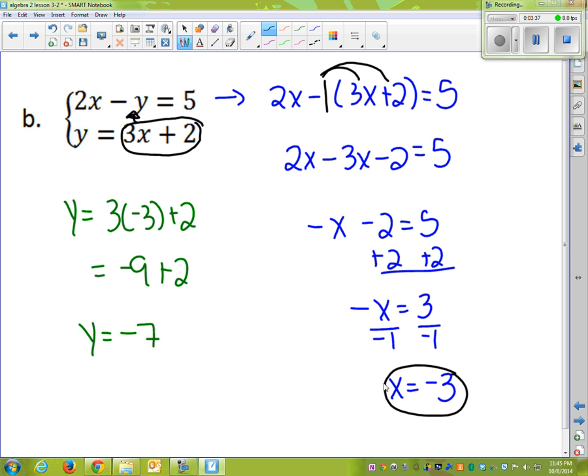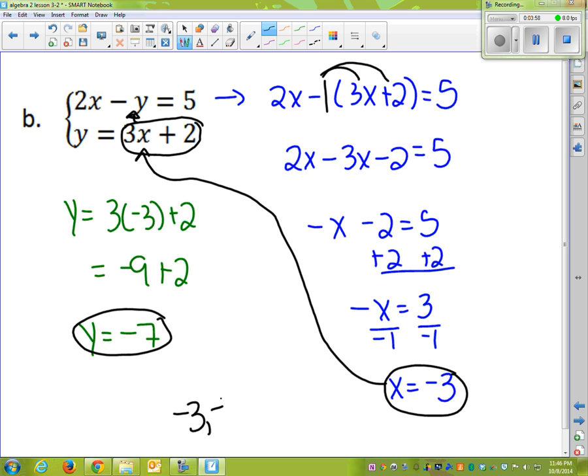Then I needed to find y, so I took that negative 3 and I put it back into one of my equations. I put it into the one that said y equals, since I want to find y. I solved for y and got negative 7, which makes my solution negative 3, negative 7. And that's the ordered pair. If we graph the two lines, they would cross at that point.